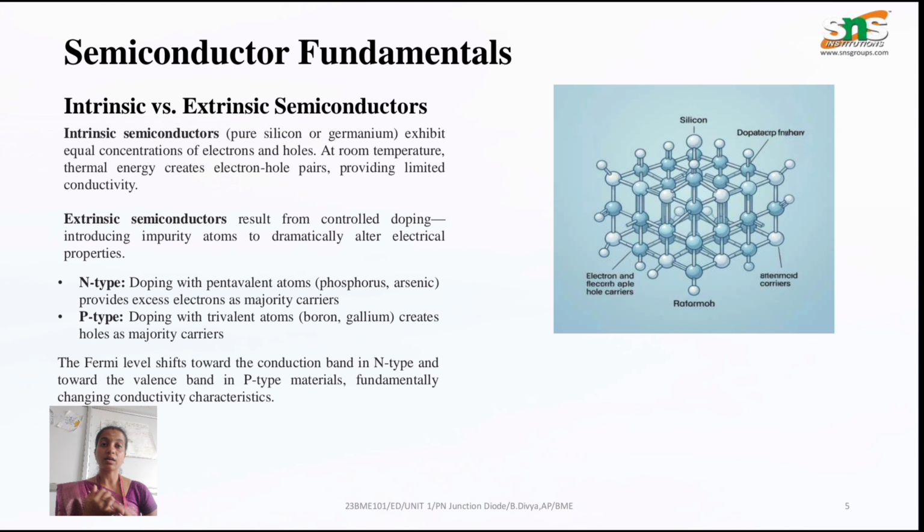The Fermi level shifts towards the conduction band in N-type and towards the valence band in P-type material, which fundamentally changes the conductivity characteristics of the material.